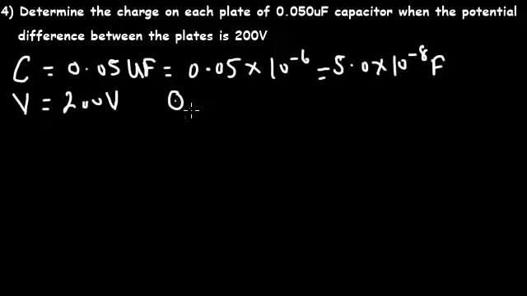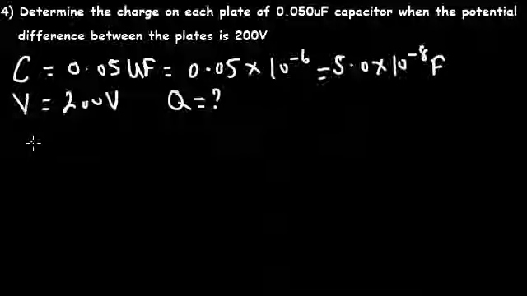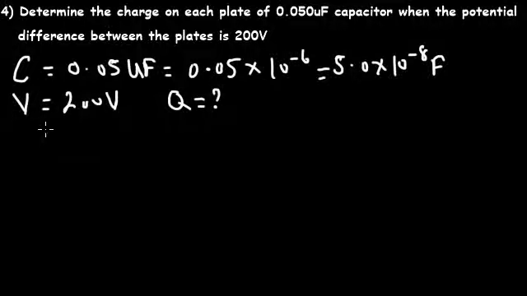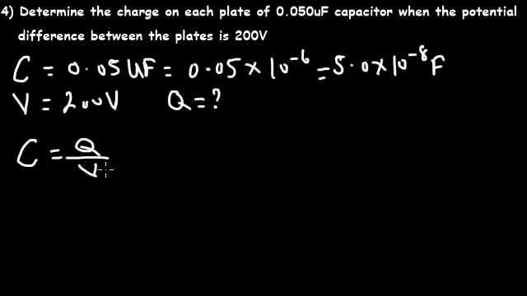How can we determine the magnitude of the charge according to the problem? What formula do you think we can use? Excellent. We are using C equals Q over V, where Q will be equal to CV.